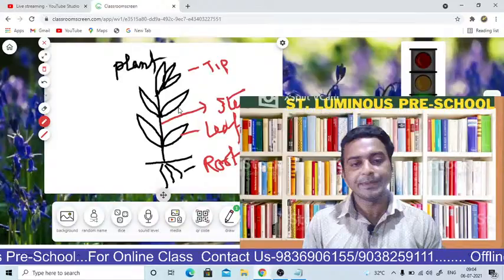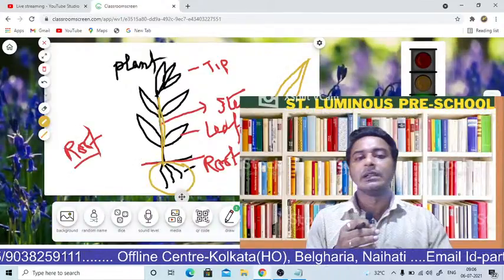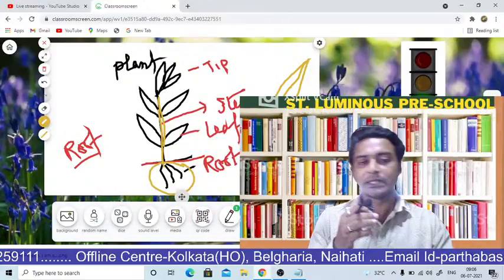Actually, the leaf is the photosynthetic organ of the plant body, and in this plant body photosynthesis generally occurs in the leaf. So look at the next part, the green leaf of the plant.